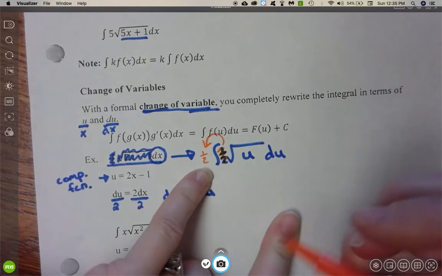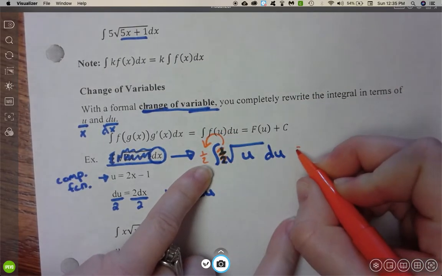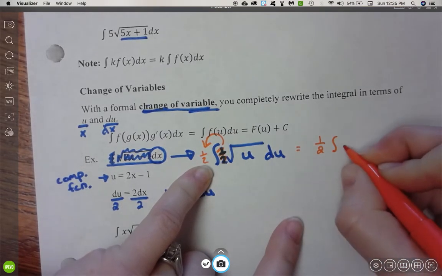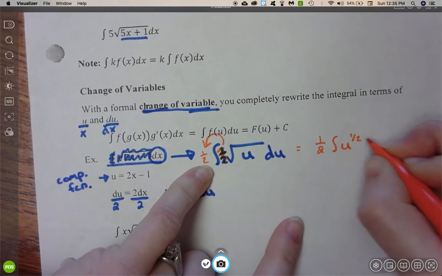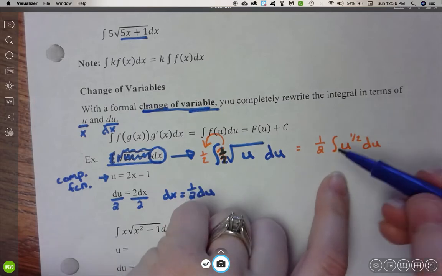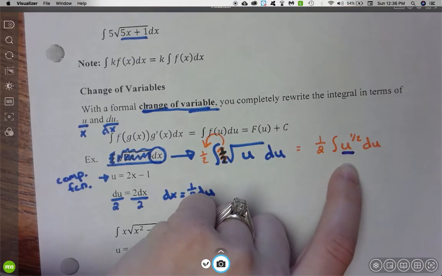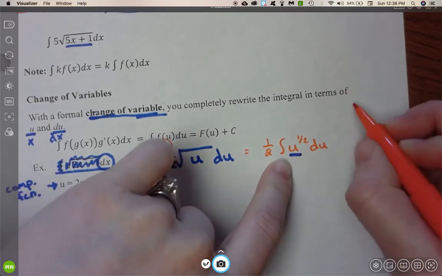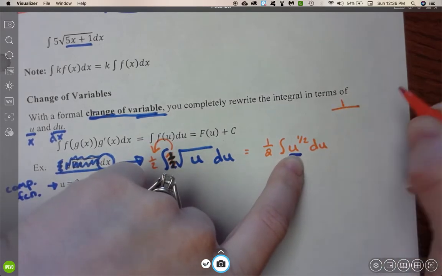So I have 1/2 out in front. I have my integral, and I'm going to write this as u to the 1/2 power du. Then I need to take the antiderivative of this. The antiderivative of u to the 1/2 power gets kind of messy. It's 1 over n plus 1, where n is that 1/2.